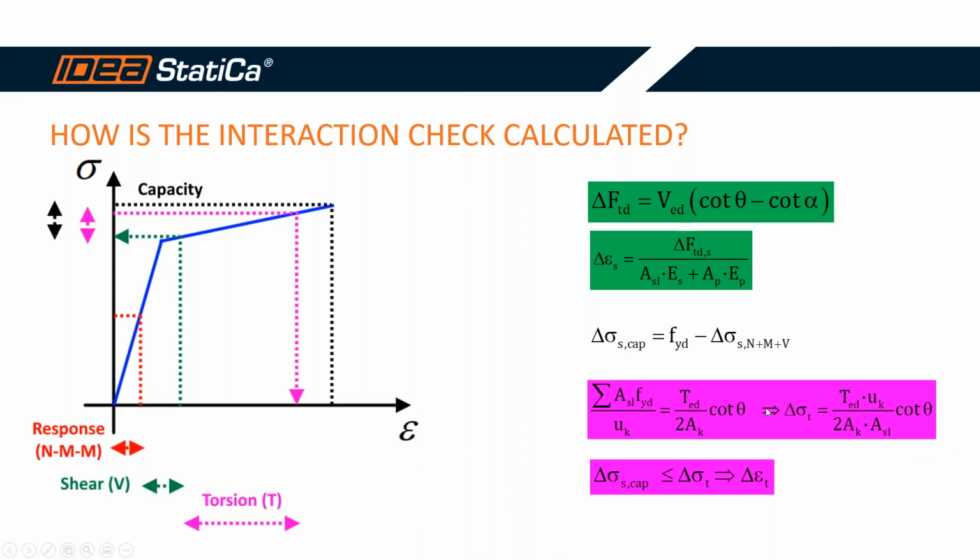Again, there is a formula for that. That's how we get the additional stress. And then we can compare the capacity with the additional stress due to torsion. If we are within this capacity, we can easily find the corresponding strain here. If we are out of the capacity, then we usually get this unsatisfying check and this 1000% occurs in this particular interaction check.